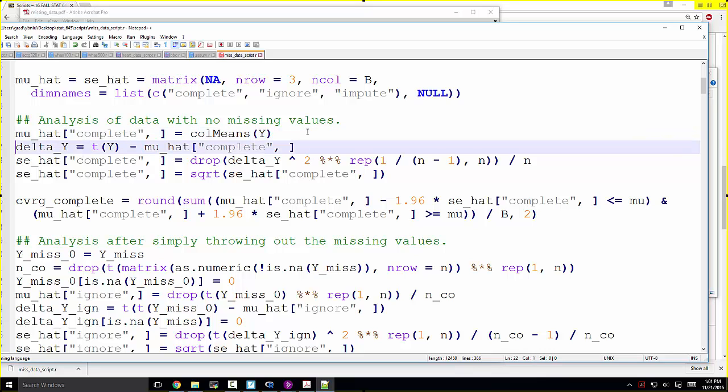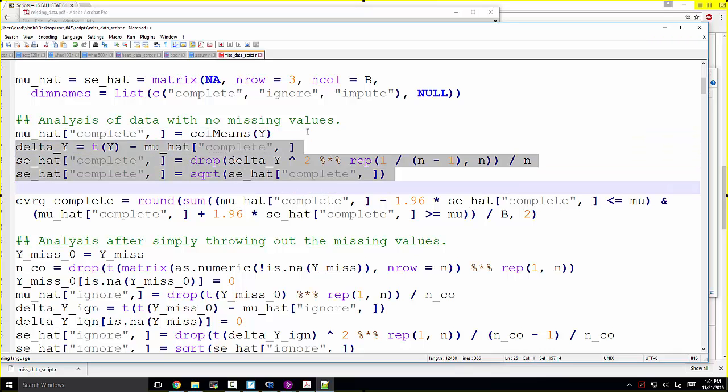I must have written this a long time ago because this could be written more simply. But all I'm doing now is computing the estimated standard deviation of the sample mean. So that would be an average square deviation between the data and the sample mean.